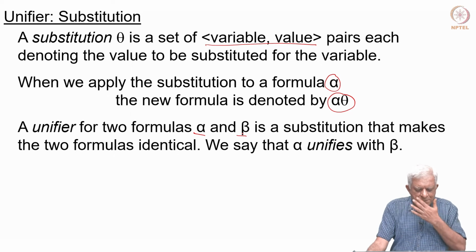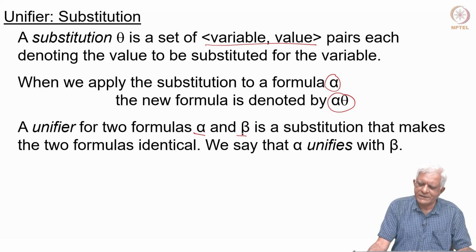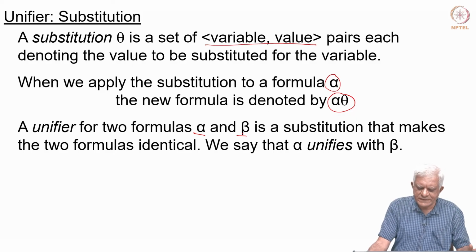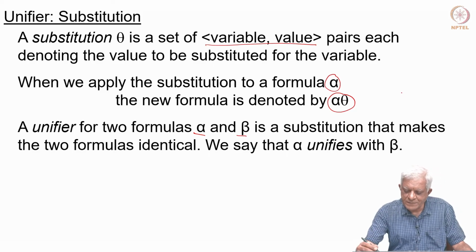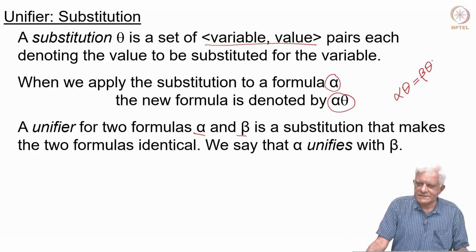When you say identical, you mean syntactically identical, that if you were to look at it, treat it as a string, then they should look the same. If that is the case, if you can find such a substitution, we say that alpha unifies with beta. What will be the impact of that? The impact of that will be that alpha theta is equal to beta theta, that when you apply the substitution to both the formulas, they will become equal essentially.